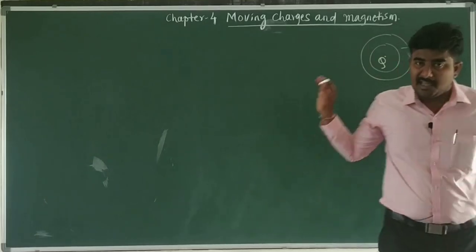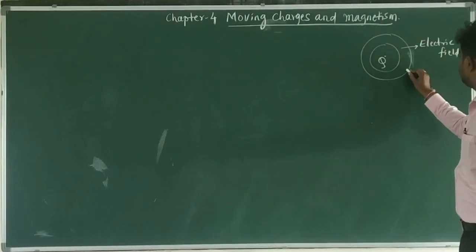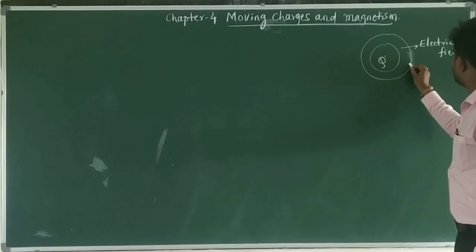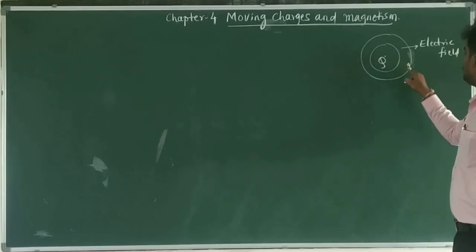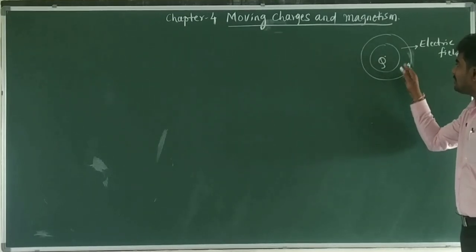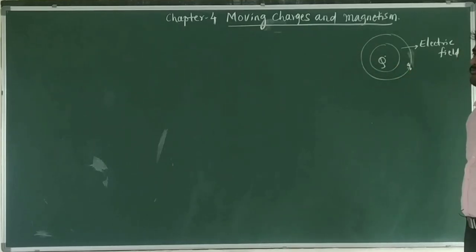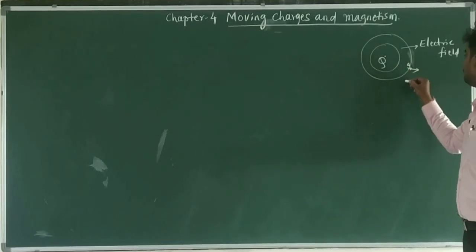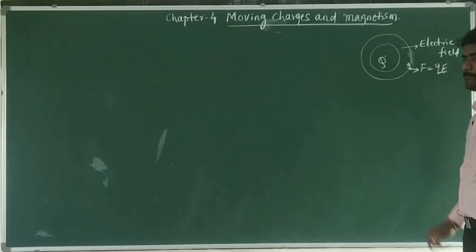In this electric field, if another charge comes, what happens? Say a small charge q comes at this point. This is also a charge. The moment it enters the electric field created by capital Q, it experiences a force in this direction. That is F equals qE.